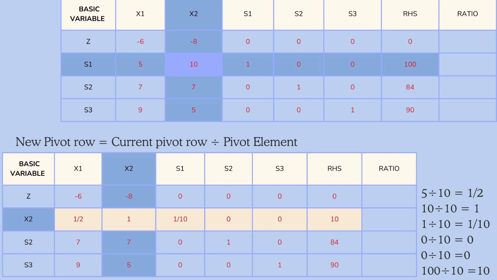So, right-hand side divided by pivot column. So, let's solve. First is 100 divided by 10 is equals to 10. So, yun yung ratio. Then, next, 84 divided by 7 is equals to 12. Then, the last is 90 divided by 5 is equals to 18.